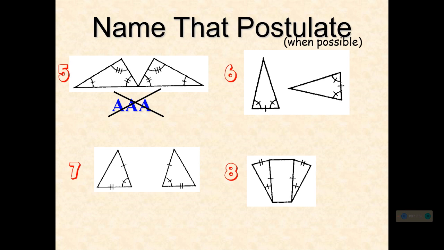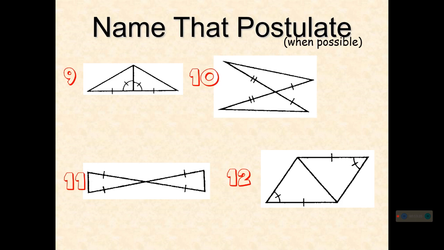Next, number 6. Okay, so we have ASA congruence postulate. Number 7, yes, we have SAS congruence postulate. How about number 8? We have SSA, but again, there is no SSA. So the two triangles are not congruent.